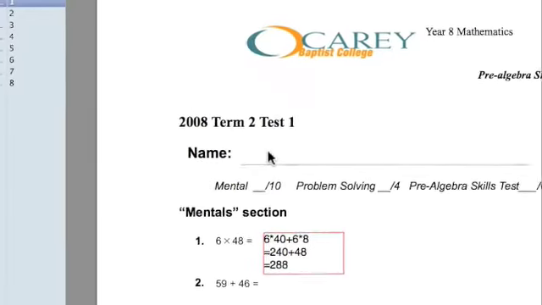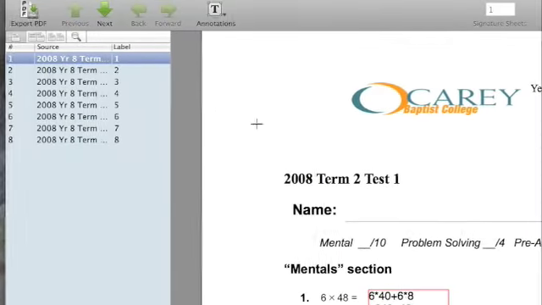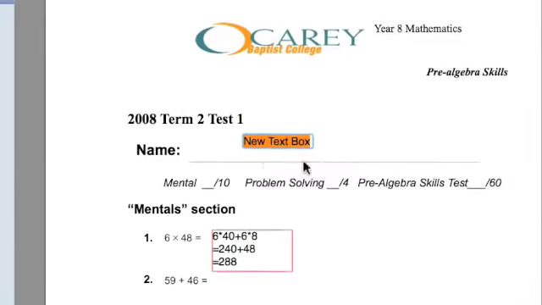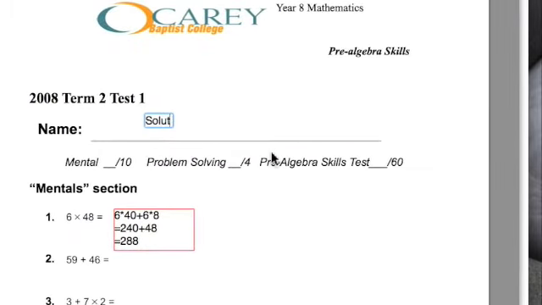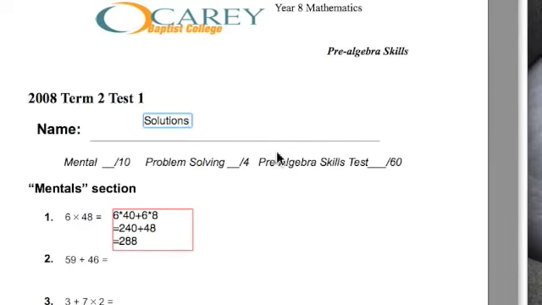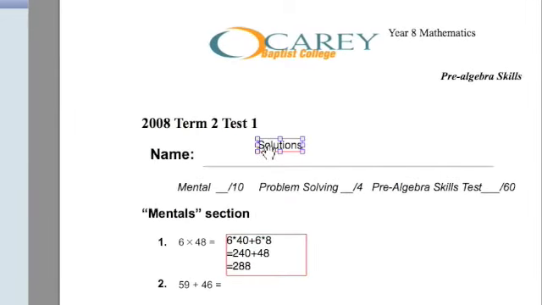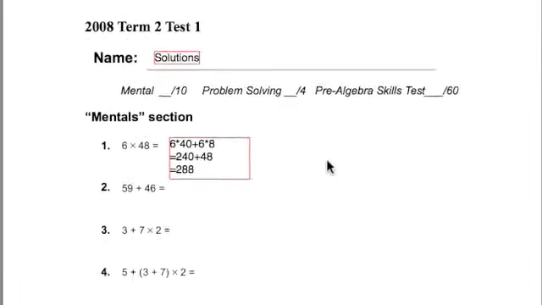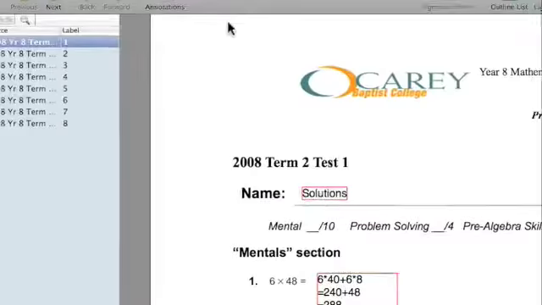So, let's get a text box and call this solutions. Now, need a text box here.